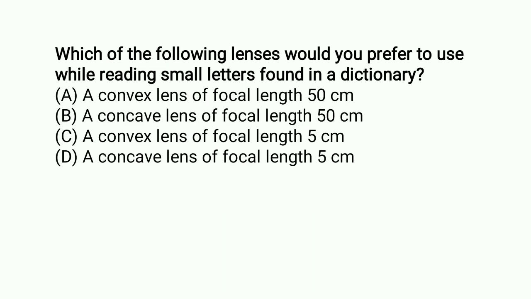Next question. Which of the following lenses would you prefer to use while reading small letters found in the dictionary? Option A is a convex lens of focal length 50 centimeter. Option B is a concave lens.